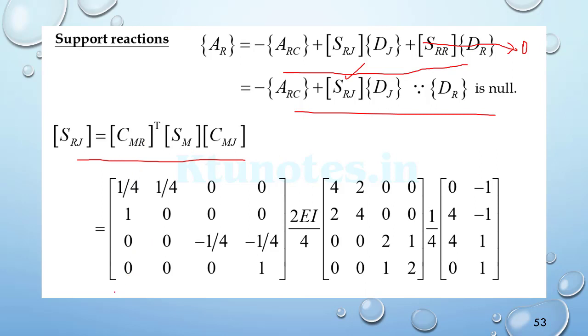So this, we found before, two slides back, the Cmr value into Sm into Cmj will give you the Srj value.